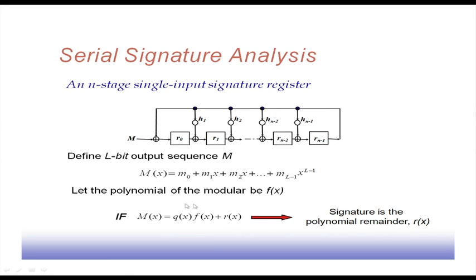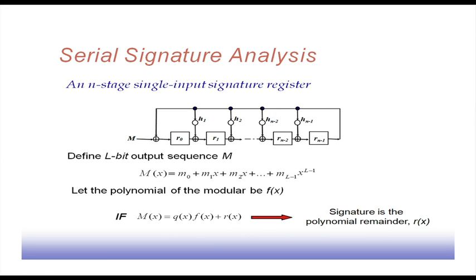So, when these patterns are fed into this structure, the polynomial f(x) is going to divide this m(x). It can be shown that the operation mimics the behavior of division, and whatever remains in this structure, r0 to r(n-1), is the remainder, and this remainder forms the signature.